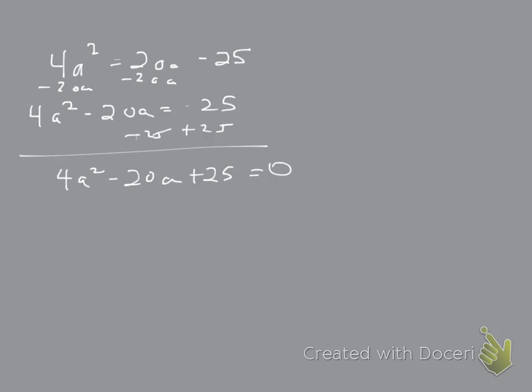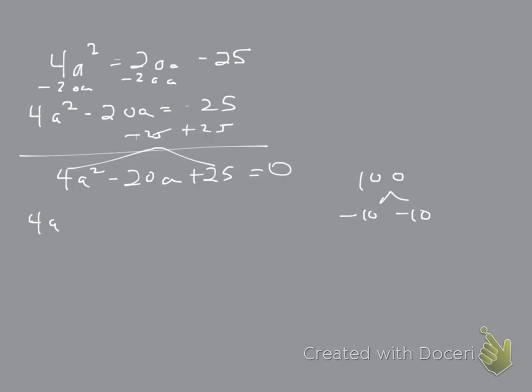So now, rooftop. When I rooftop, I get 100. Then what two factors of 100 add up to negative 20? Negative 10 and negative 10. Negative 10 times negative 10. This is actually a perfect square trinomial, which we're not going to do right now.